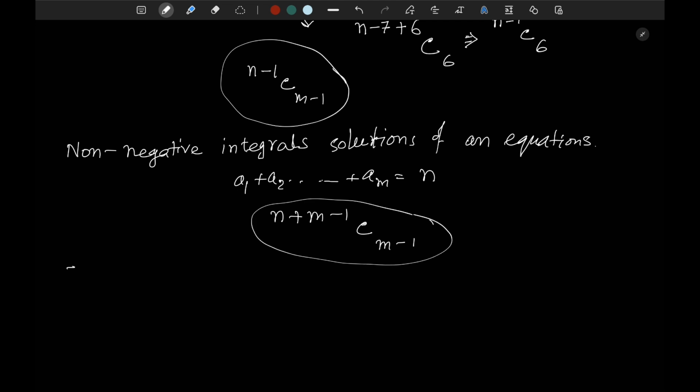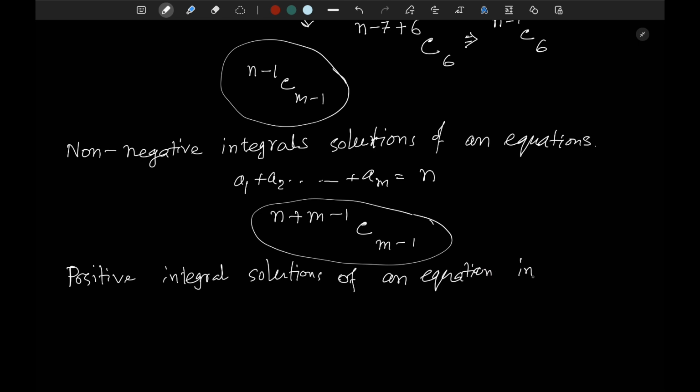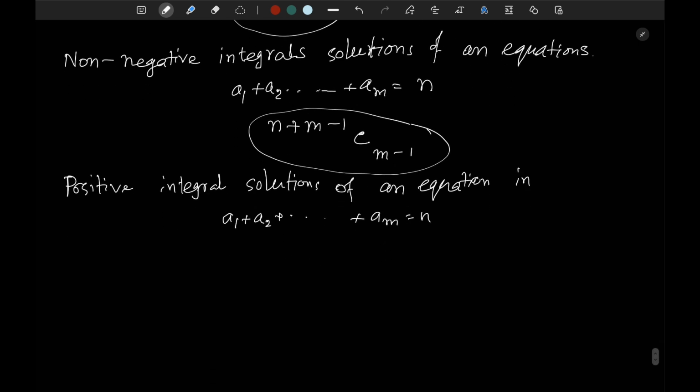And if they ask for positive integral solutions of an equation in the form a1 plus a2 plus ... plus am equal to n, then the number of positive integral solutions becomes n minus 1 choose m minus 1. By intuition you can see this is obviously greater than this one, because zeros are included in this case. So now let us come back to our problem.